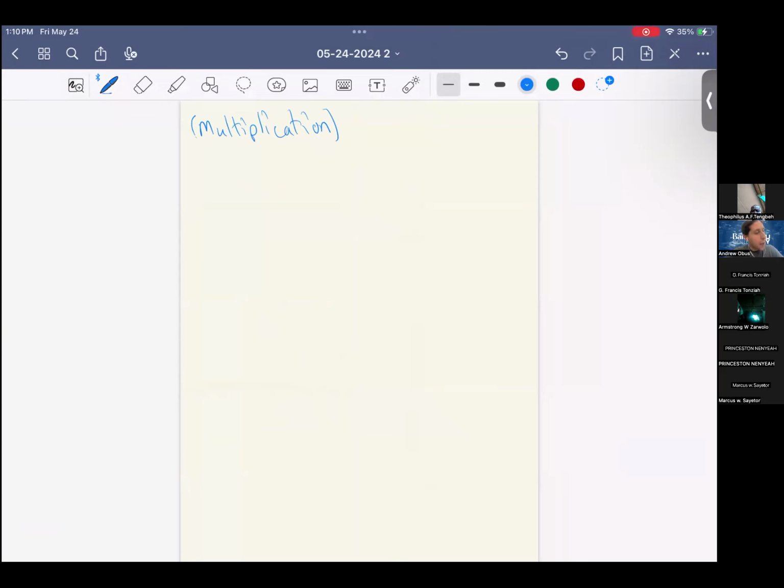Okay, so let's try 3 plus 2i times 5 plus 6i, right? So what's going to happen here? Well, we have to do this just the same way you would multiply any two binomials, like x plus 3 times x plus 2.